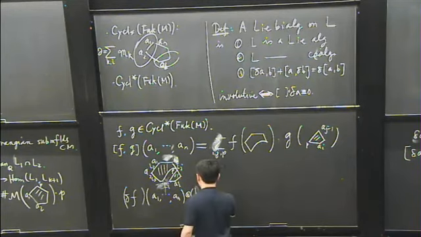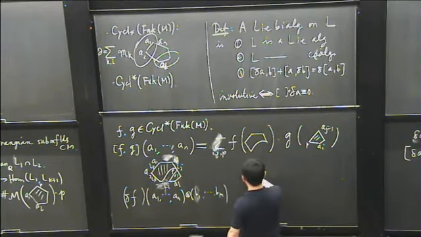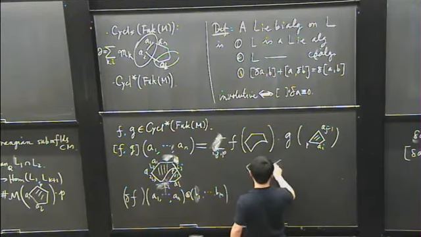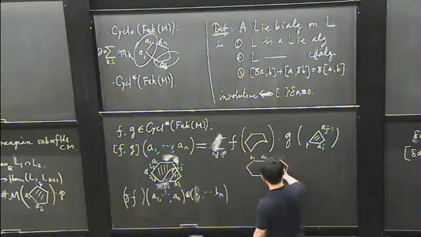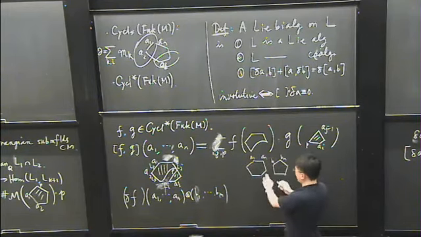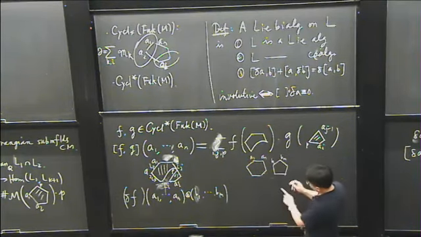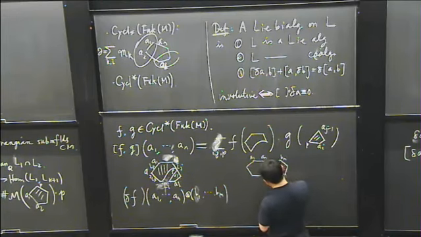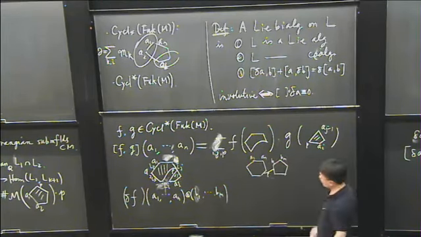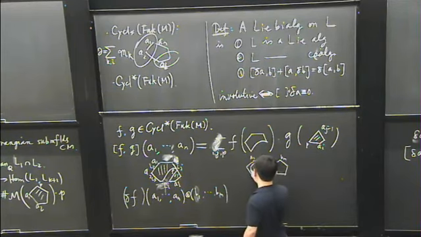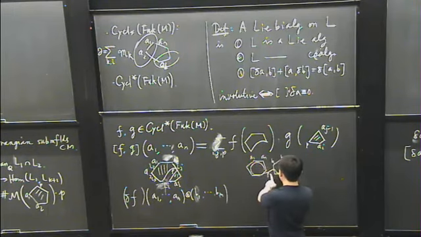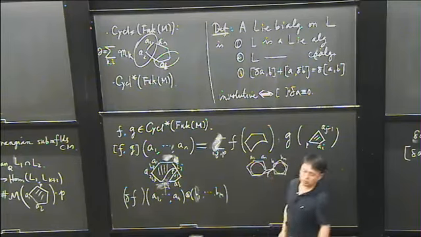So now we have two cycles like this, from A1 to AN and B1 to Bm. Here we pick a Lagrangian manifold here, and pick a Lagrangian manifold here. We consider their intersection. Suppose they intersect at P. Then we form a new cycle, which is something like this. We start from here, and then go through P and go to the next cycle, and then go back to the original one.